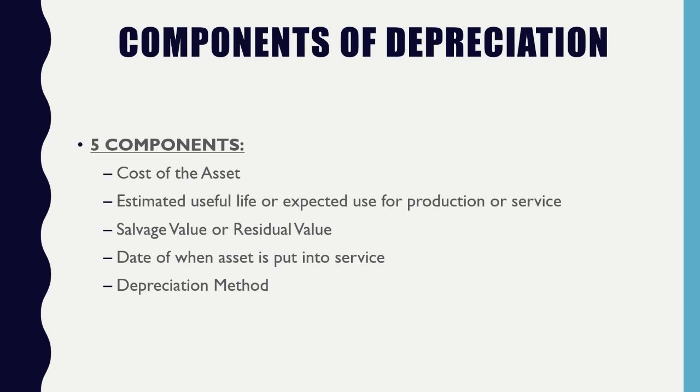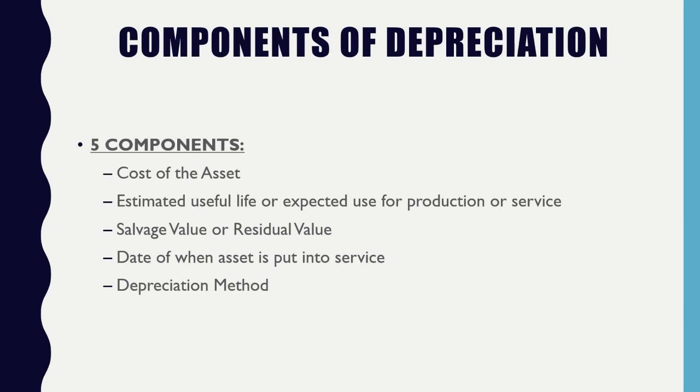All right. Second, you need to know the estimated useful life or expected use for production. And because today we're talking about units of production, we're going to take a look at the first one, which is the expected use to produce the items.